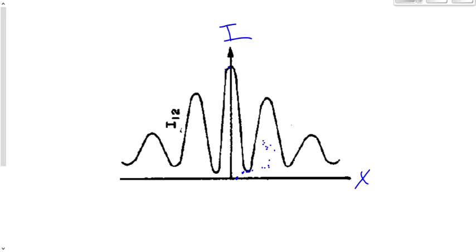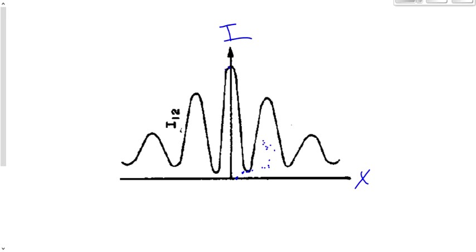And then so on, right? As we go out, we get bright spot, constructive interference, dark spot, destructive interference. Bright spot, constructive, but not as bright as the central one, dark spot. And then we get another bright spot, but not as bright as the central one or the first one, and so on and so on and so on.